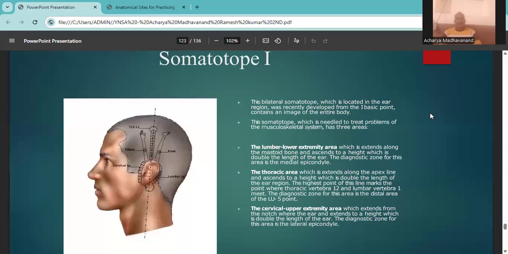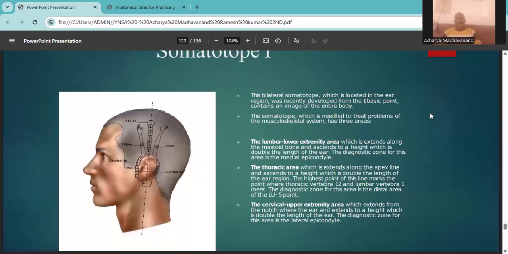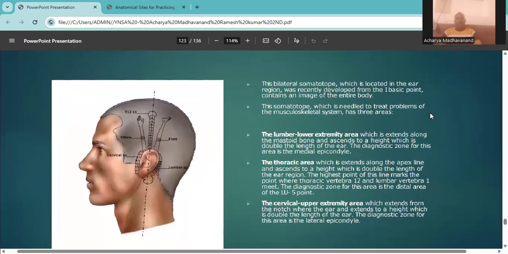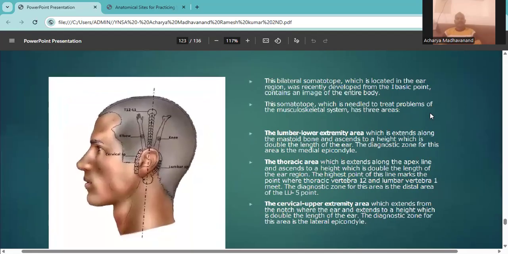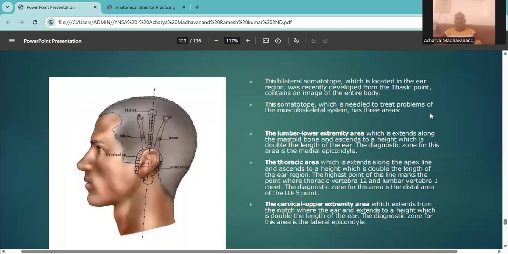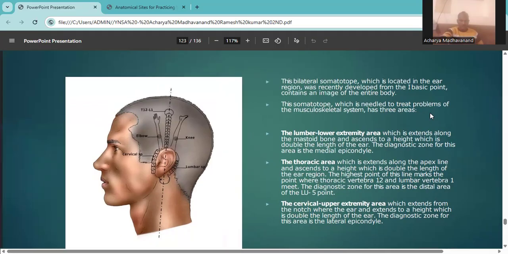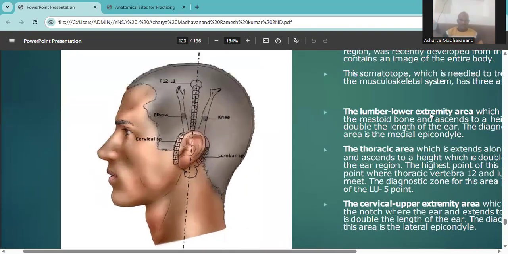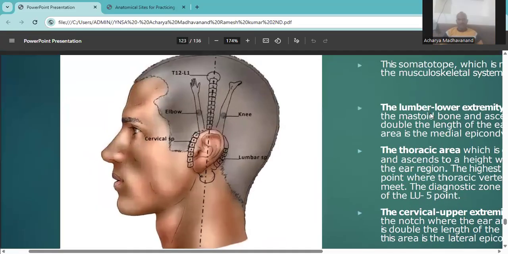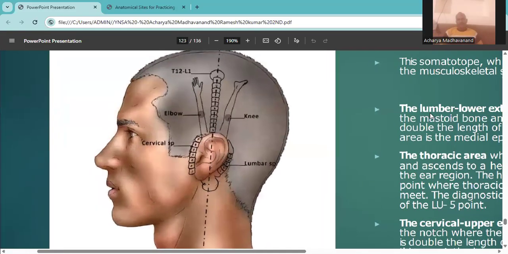It was recently developed from the eye basic point and contains an image of the entire body. You see, here is the full body. Show only pictures, no problem. More bigger, yeah. Like this.